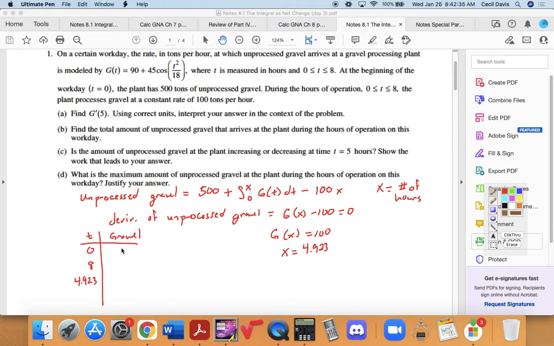Well, how much gravel is there at time 0? 635 tons. Nope, 500 tons.